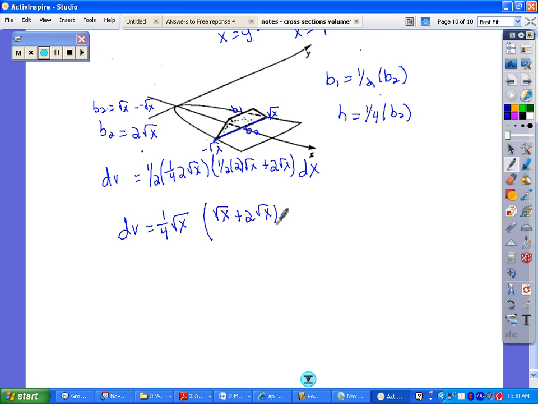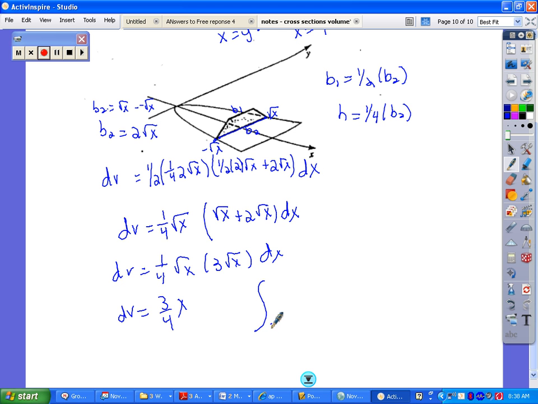And if we condense our like terms there, we have 3 square root of x. And so we end up completely condensing it to 3/4, and then the square root of x times the square root of x is x. So it simplifies nicely, and then we have to integrate to get the whole volume of every slice.